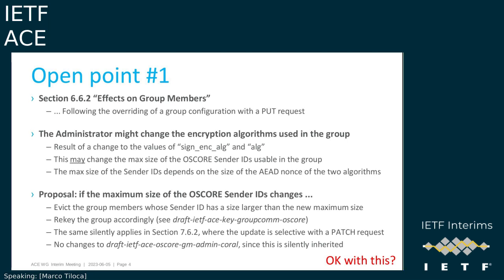Well, we are already discussing some side effects for the group members, but one side effect we didn't consider is the case where this change results also in changing the maximum size of the OSCORE sender IDs used in the group, especially if the new size becomes smaller than the size of the sender ID of some of the current group members. So those group members would practically have an identifier that is not consistent and usable in the group anymore at that point.